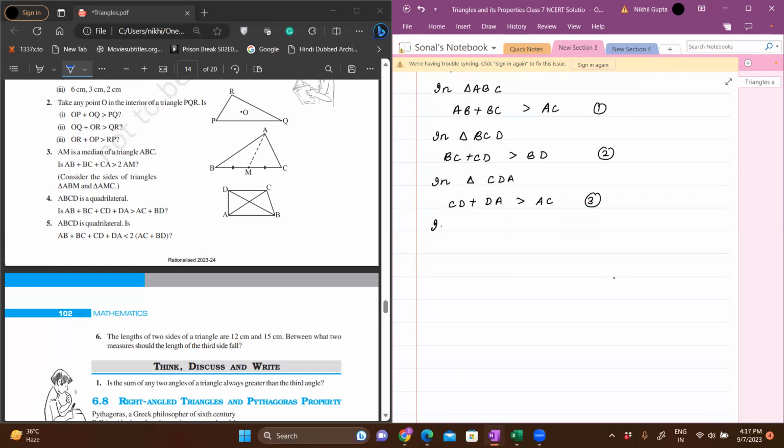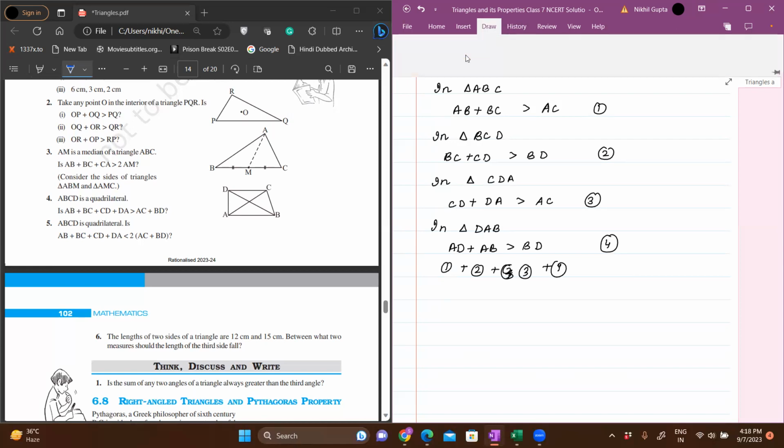After this, we can take triangle DAB, AD plus AB is greater than BD. This is 4. Now you can just add all the 4 equations, 1 plus 2 plus 3 plus 4.